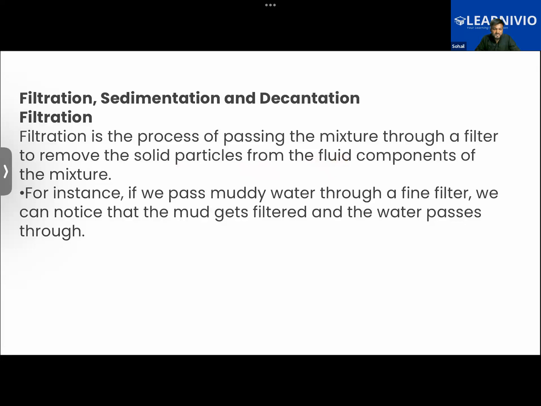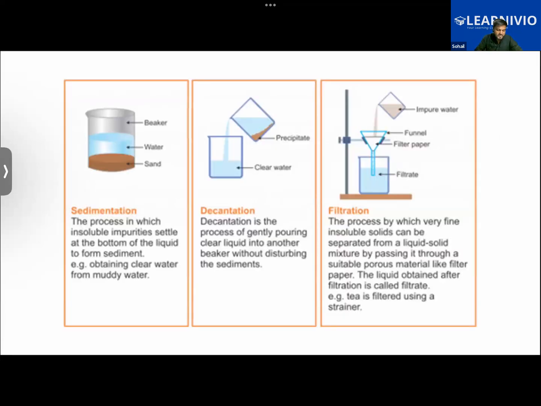For instance, separating some soil or dirt from water. We see that generally soil, dirt, or mud can be separated from water via sedimentation and decantation also, right? But it can be done with the help of a filter paper also.